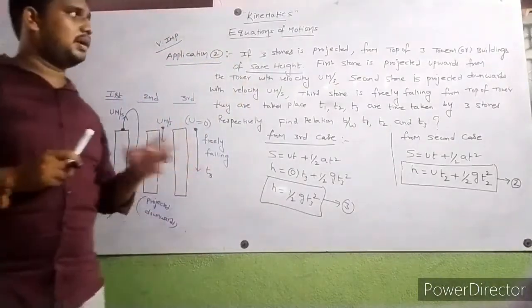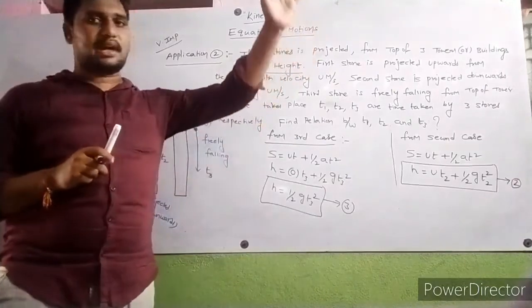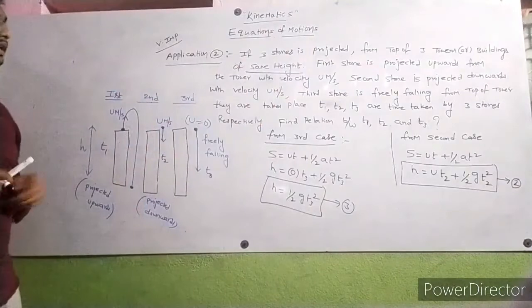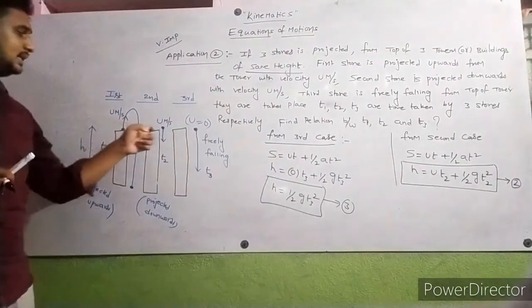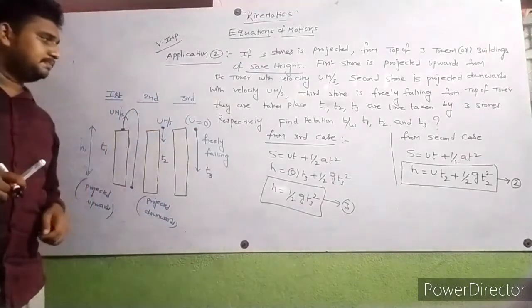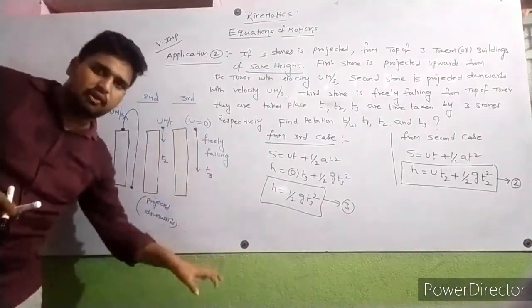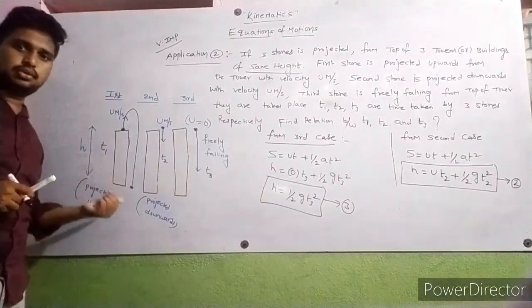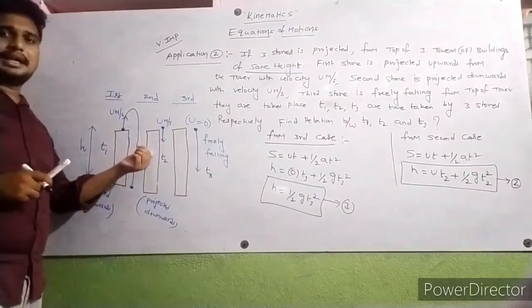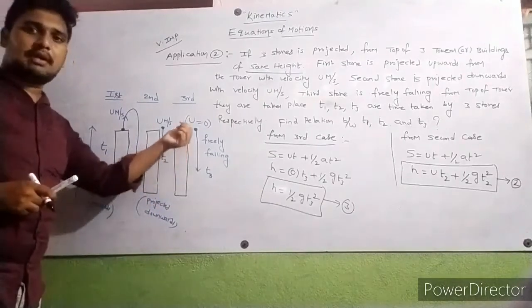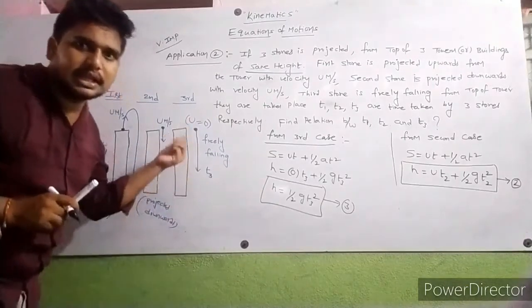The first stone is projected upwards with initial velocity u meters per second. The second stone is projected downwards with u meters per second. The third stone is freely falling. The times taken to reach the ground are t1, t2 and t3.